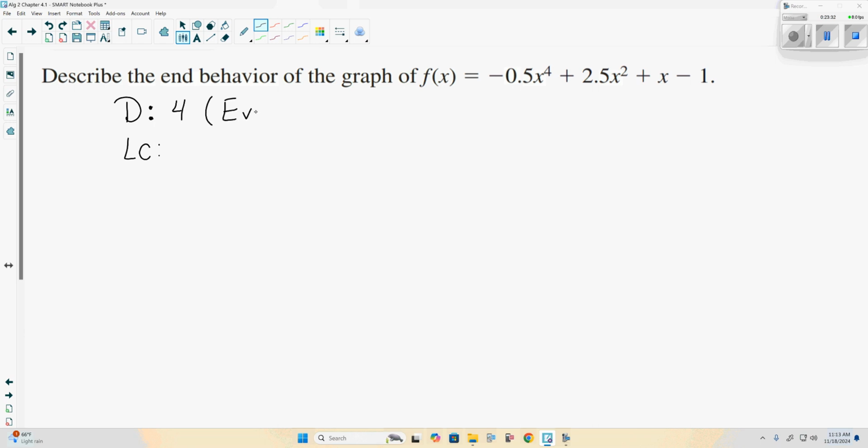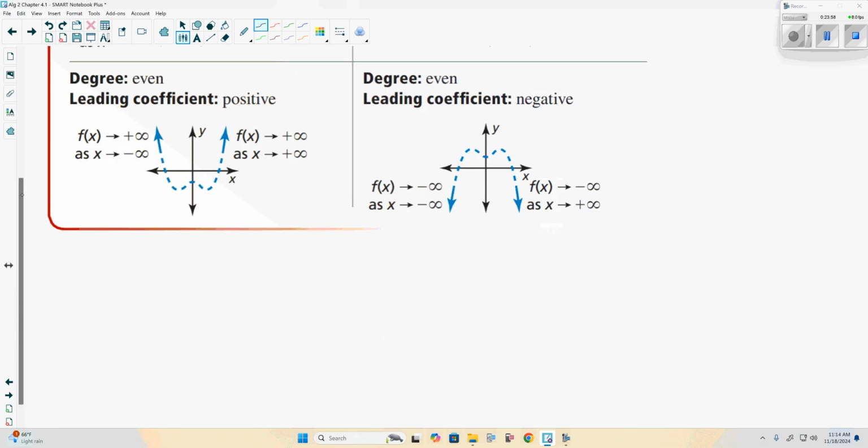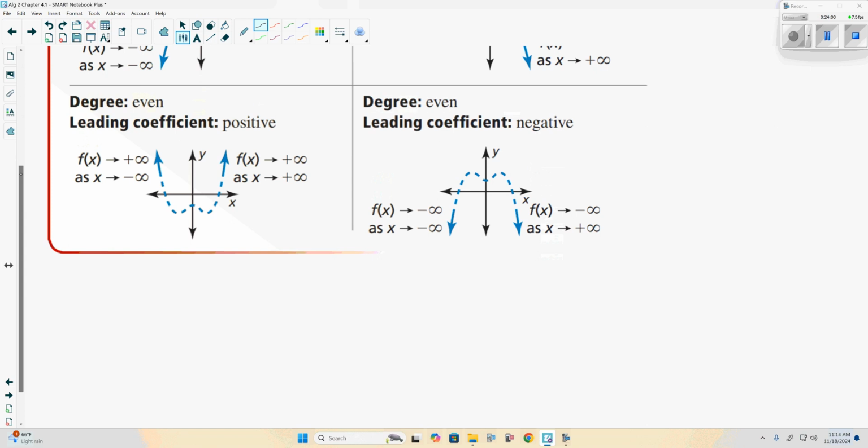And 4 would be even, because it's an even degree polynomial function, because the degree is 4. Leading coefficient is what? 0.5, so this is negative. So it's even and negative. Okay? Degree is even, leading coefficient is negative. So our end behavior is this here.